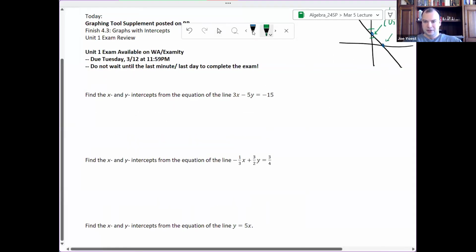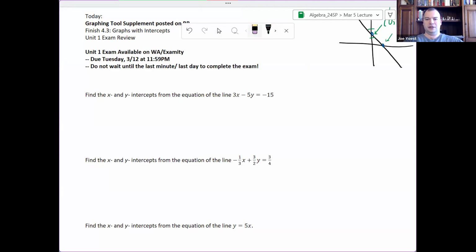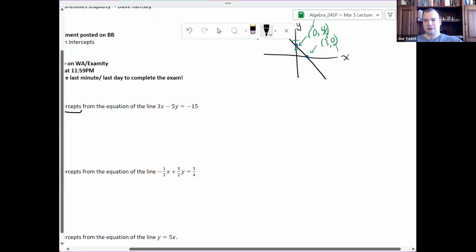So we have 3 questions here just to find the intercepts. And this is really more of a syntax question at this point than an actual calculation question. We've done this a few times already. But we notice that the X-intercept, well, this is the intersection of the line with the X-axis.